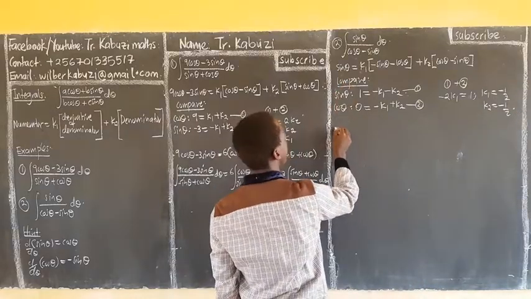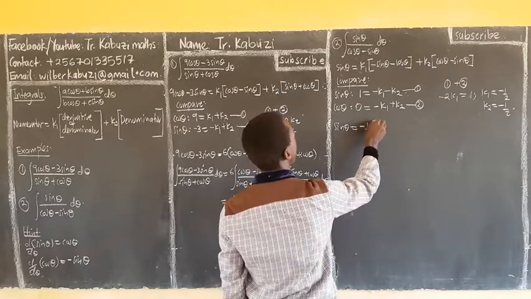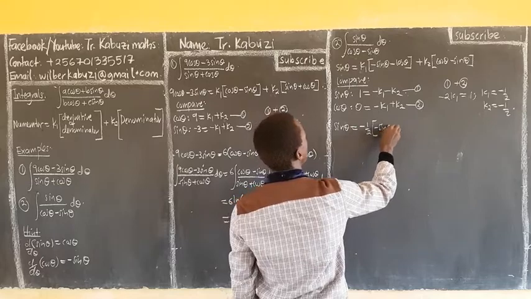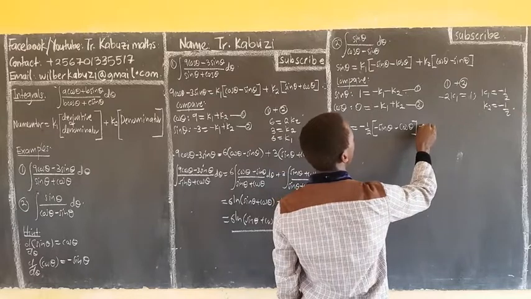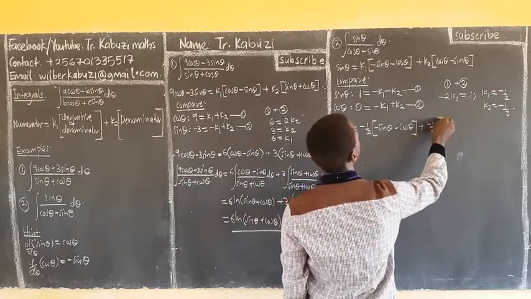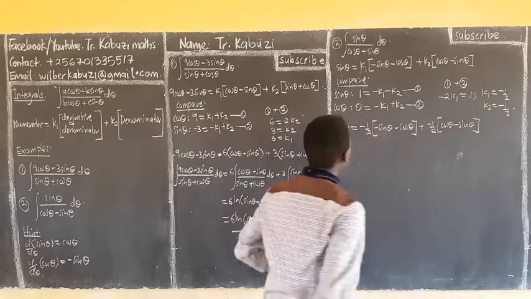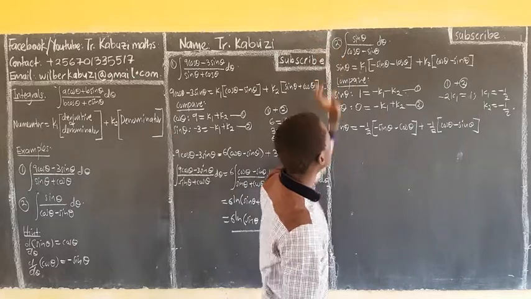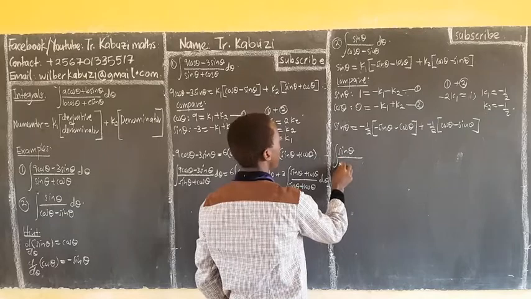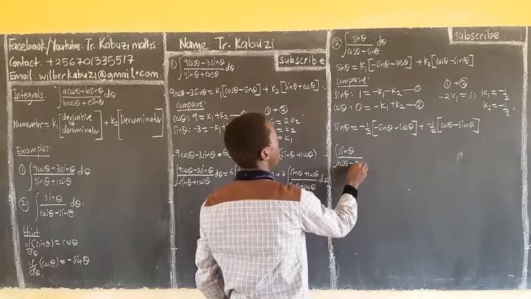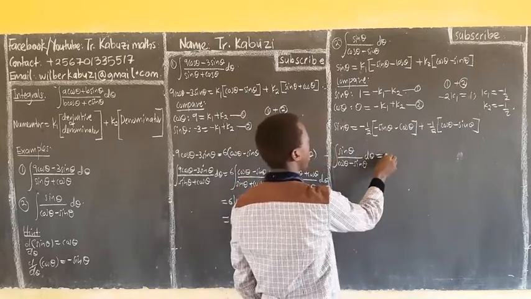So the whole numerator will be K1, which is negative a half, times the derivative, plus K2, which is negative a half, times the denominator. Now I put this in the integral. This is a constant, so I pull it out.